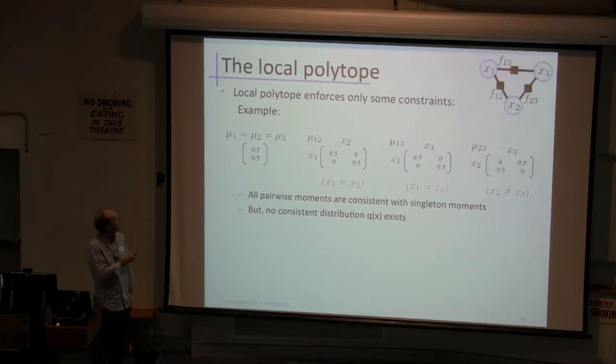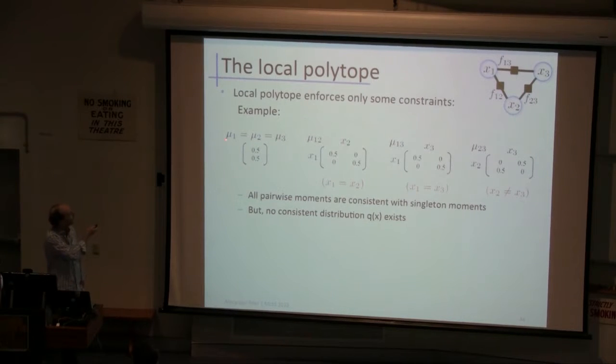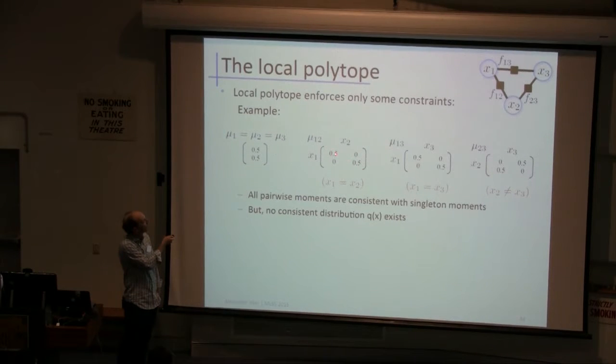To see that as an example, here's a trivial problem with 3 variables again. I'll specify a collection of marginal probabilities that are locally consistent but don't correspond to any actual joint distribution. So x1, x2, and x3 will all just be a half, so equally probable. X1 and X2 will have probability a half on the diagonal, so probability a half that they're both 0 or a half that they're both 1.